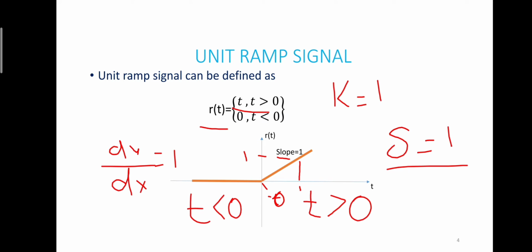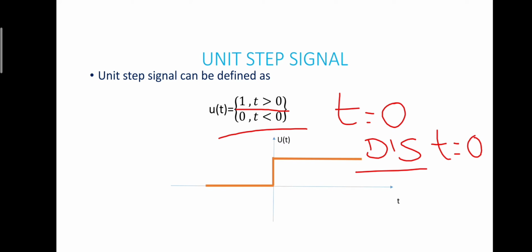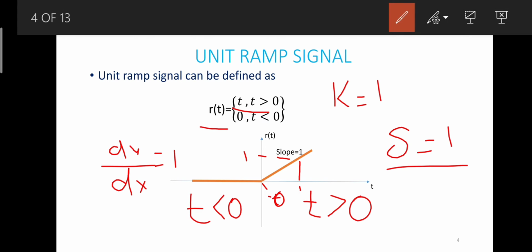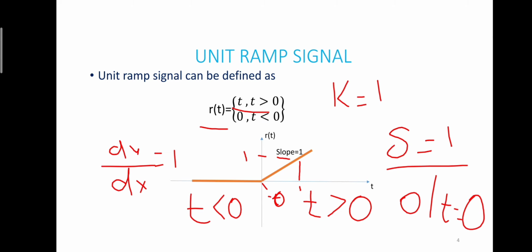In both cases, we know that both signals are continuous time signals. But in the case of unit step signal, there is one discontinuity at t equal to 0. In case of unit ramp signal, at t equal to 0, the signal is defined. The value is 0 for t equal to 0. So there is no discontinuity in a ramp signal, but in case of unit step signal, there is one discontinuity at t equal to 0.